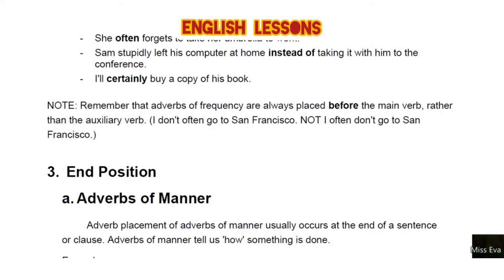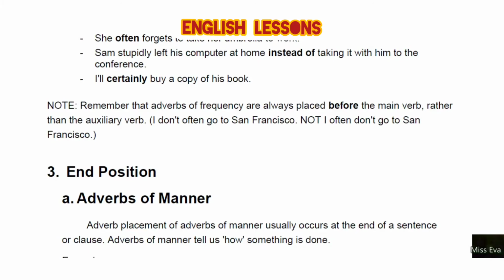Okay, let's see the note. Remember that adverbs of frequency are always placed before the main verb, rather than the auxiliary verb. Here main verb, here main verb, and here main verb.